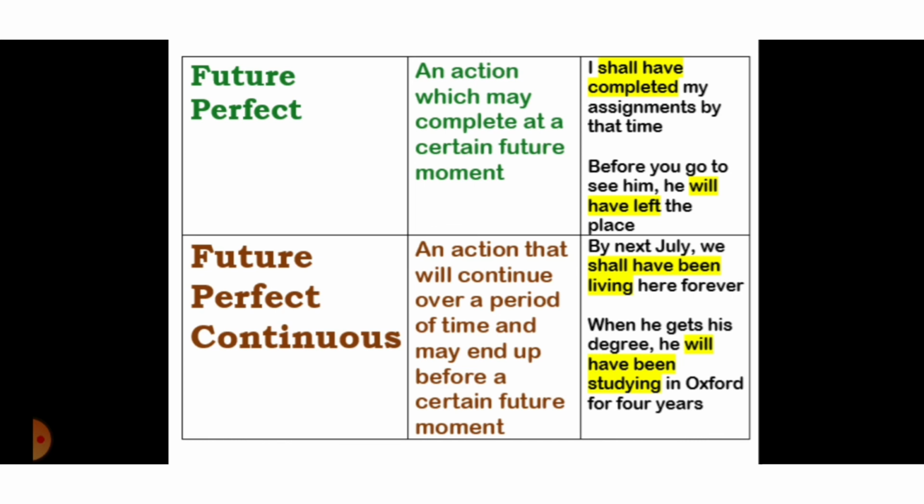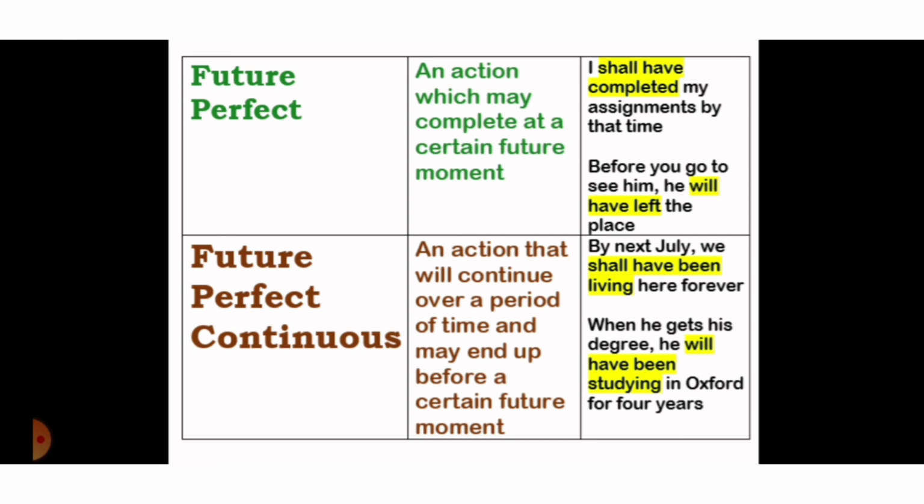By next July we shall have been living here forever. So by next July, what is he saying? We shall have been living here forever. So for the next period of time we shall have been living here. So this is the form of the future perfect continuous, shall have been living.